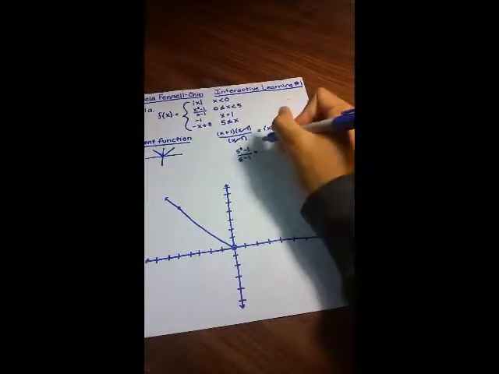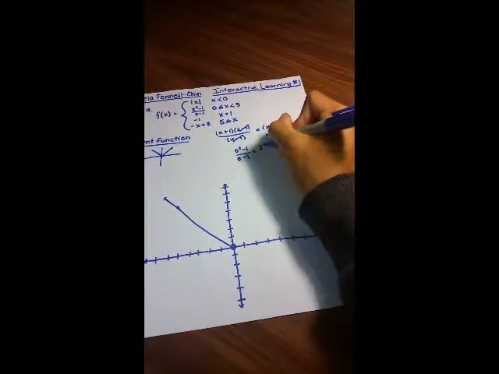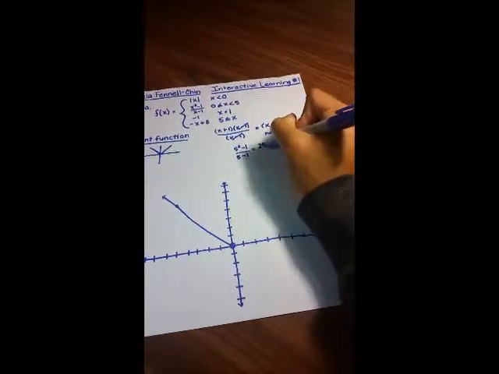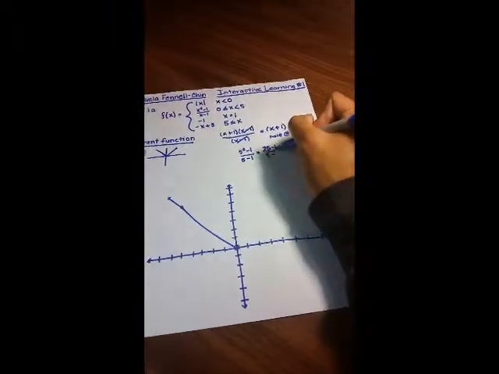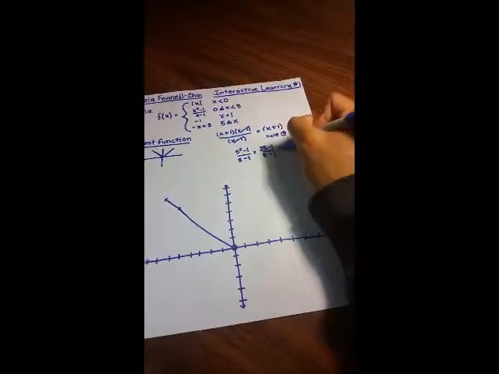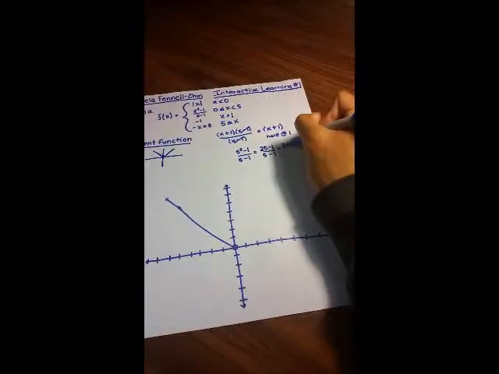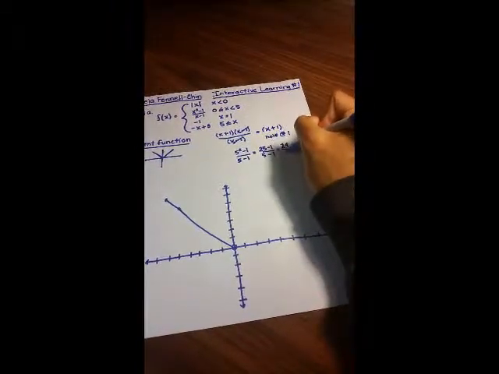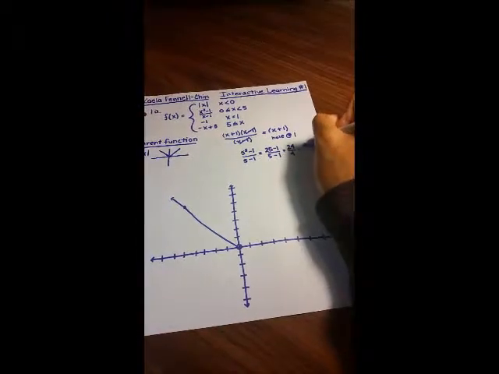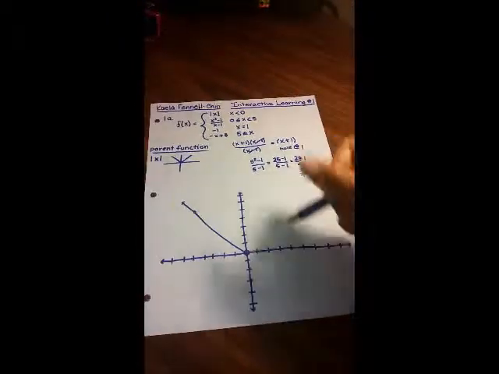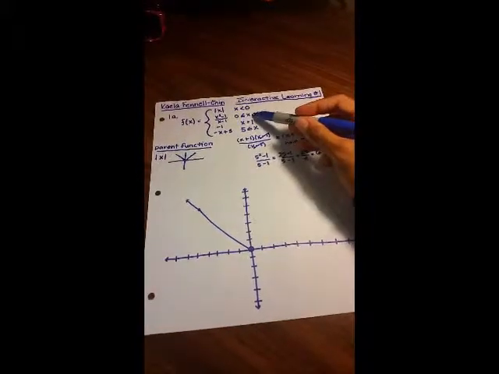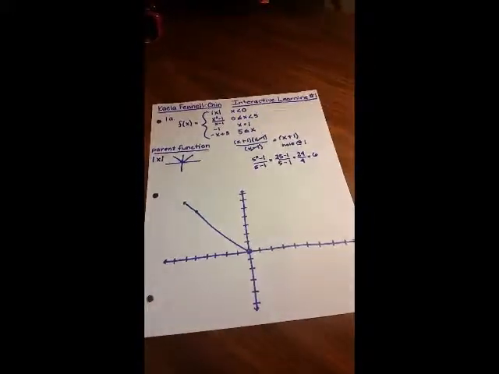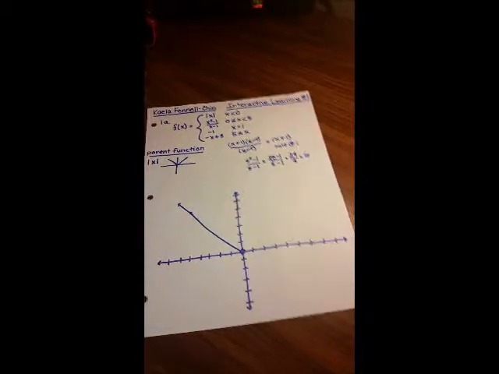So that's going to be equal to 25 minus 1 over 5 minus 1. That's going to be equal to 24 over 4, which is equal to 6. So that means we can graph now at 5, and since it's not actually equal to, that means there might be a hole at that point.